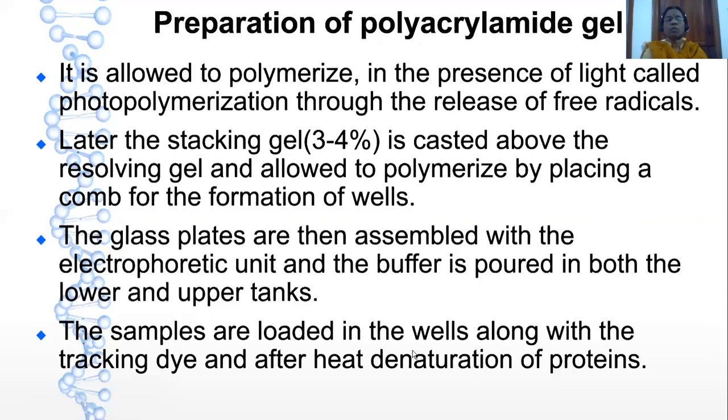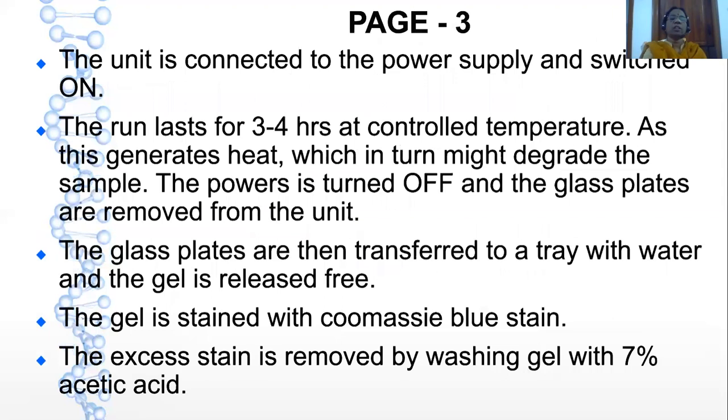When I say heat denaturation, I don't mean to denature the protein completely so that I get nothing out of it, but heat denaturation is used as a step just for the unfolding of the secondary and tertiary structures so that it can be easily separated.